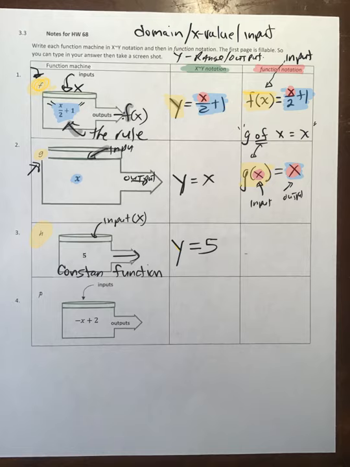So for the fancy function notation, we'd say h of x equals 5. So the rule always goes on this side. So the rule in this case is just 5. So 5 is always going to come out. That's the rule no matter what.